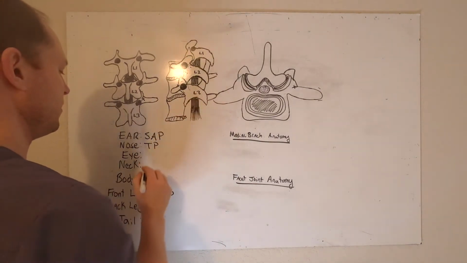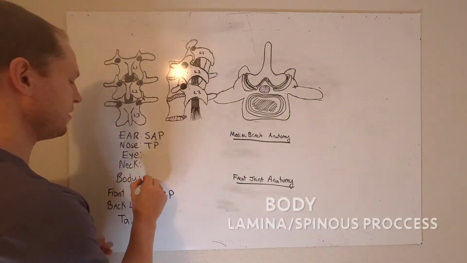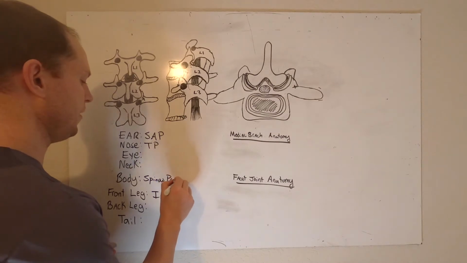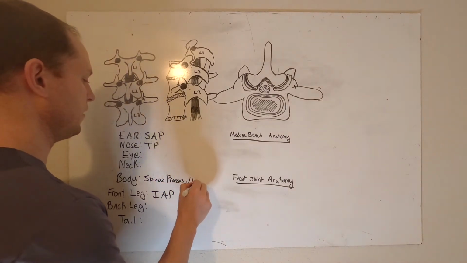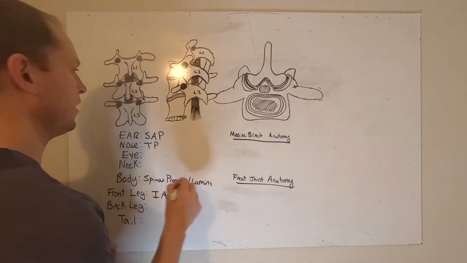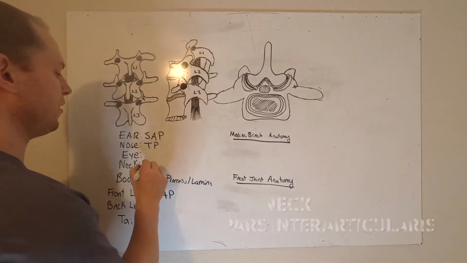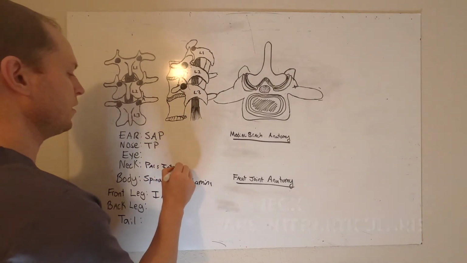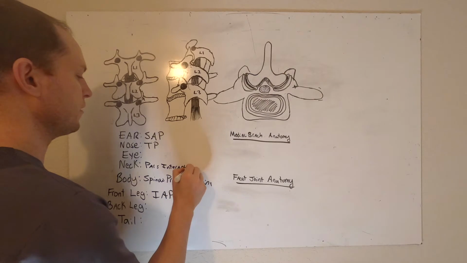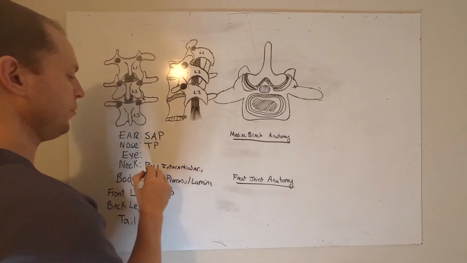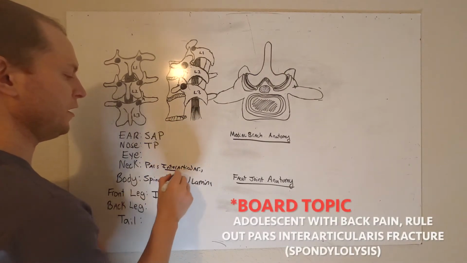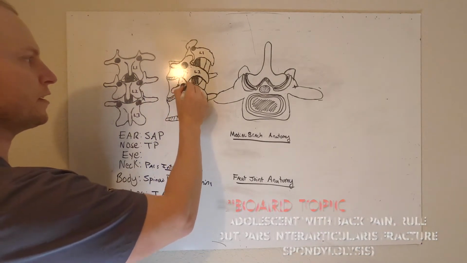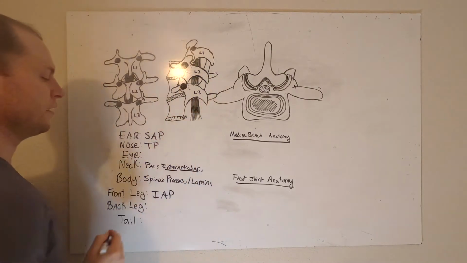The body, which is the spinous process, and lamina. The neck, the pars interarticularis, or the piece between the two articulations, the superior facet and the inferior facet.